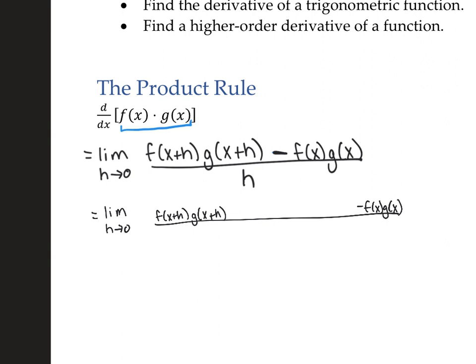And in the middle of these two terms, I'm going to subtract something and then add the same thing back in. So I am going to subtract an f of x, g of x plus h, and I am also going to add an f of x, g of x plus h. And this is all still over h. And hopefully you notice that what I've done is I've subtracted and then added something. So that's really adding a 0, which does not change the value of our expression.